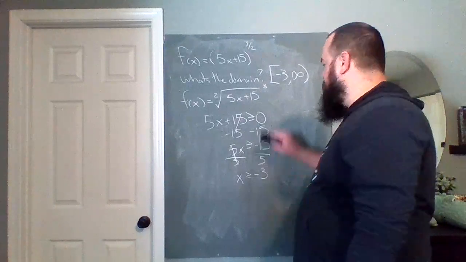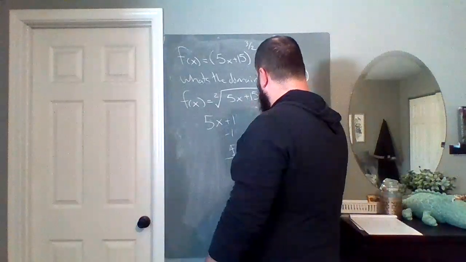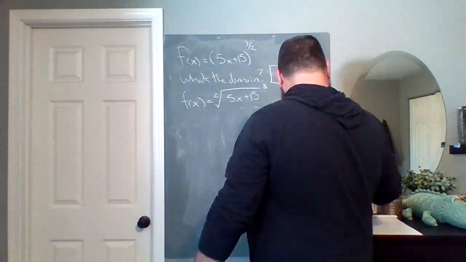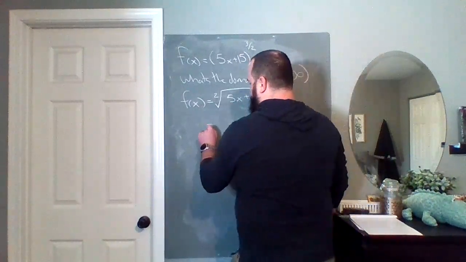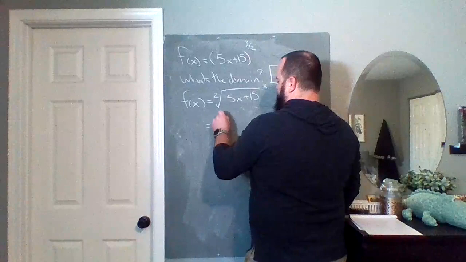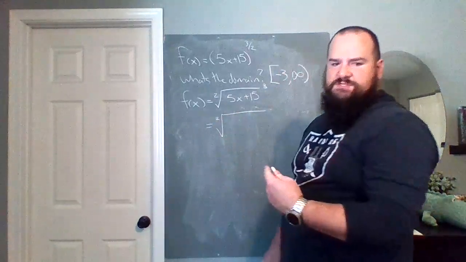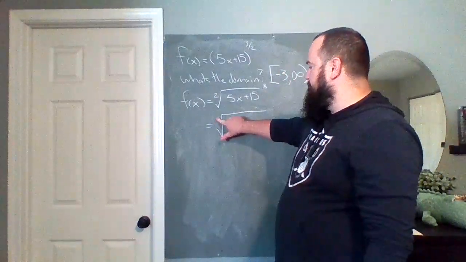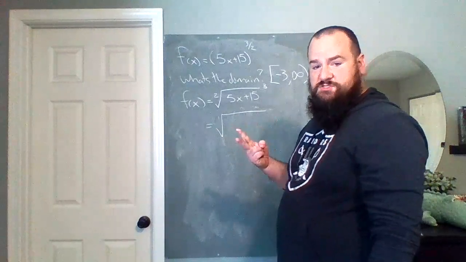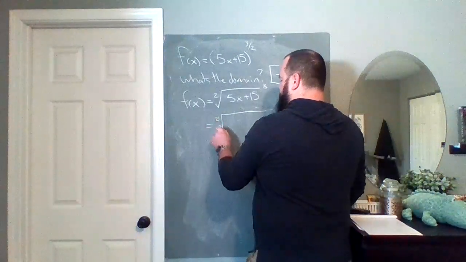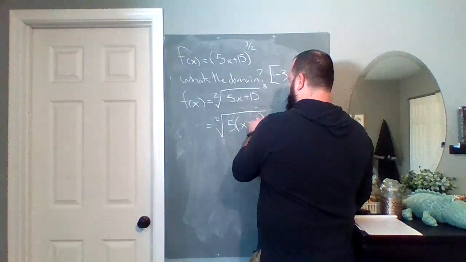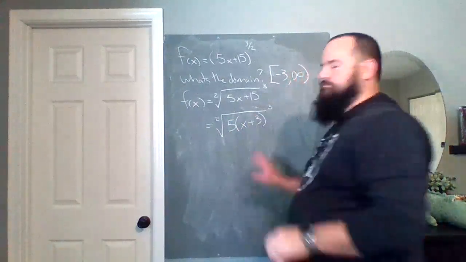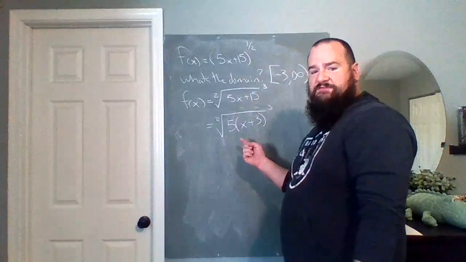I'm going to erase the work because I want to keep this. If I do this, I can rewrite this. And square root, you don't have to put the 2. If there is no index here, it's automatically assumed it's a 2. Okay? So, what I did there is I factored out that 5.